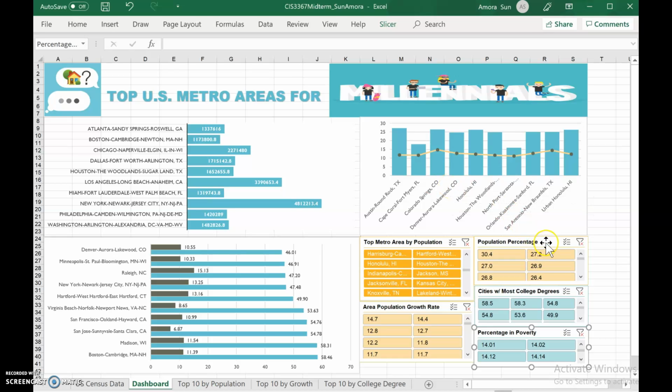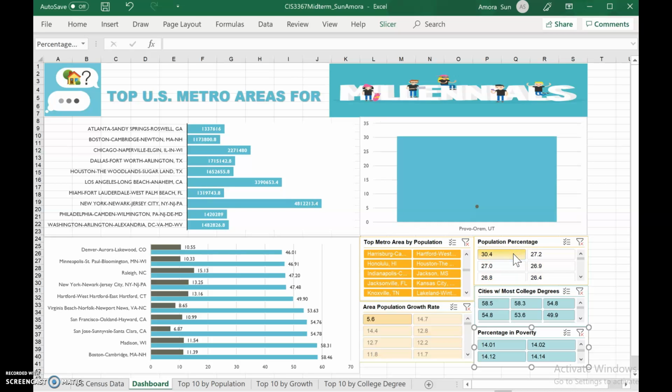The population percentage here is already organized in descending order. So the top population percentage is already listed in the first filter in the slicer.